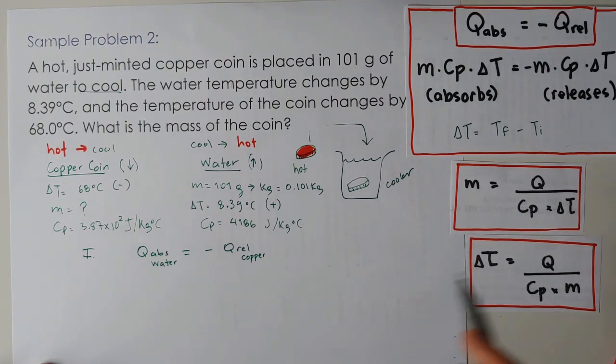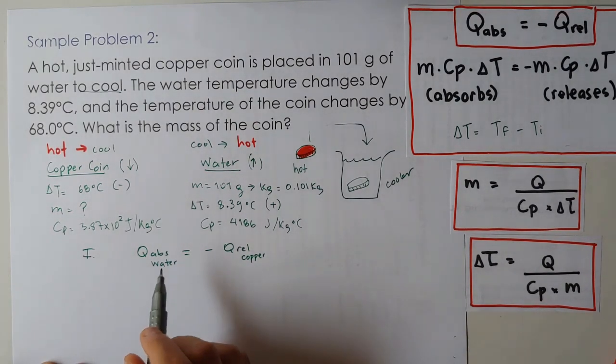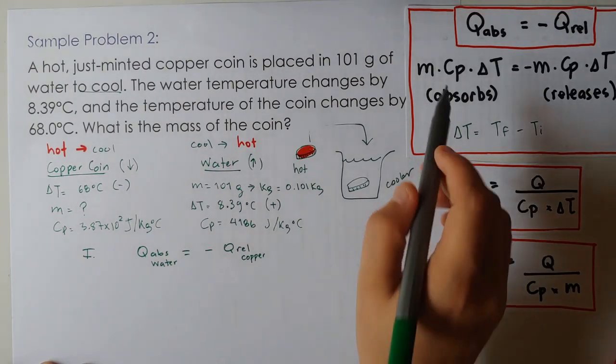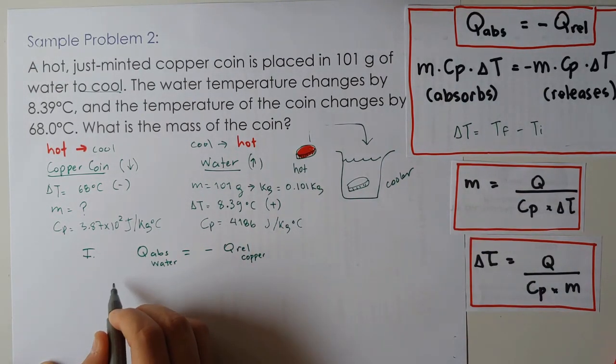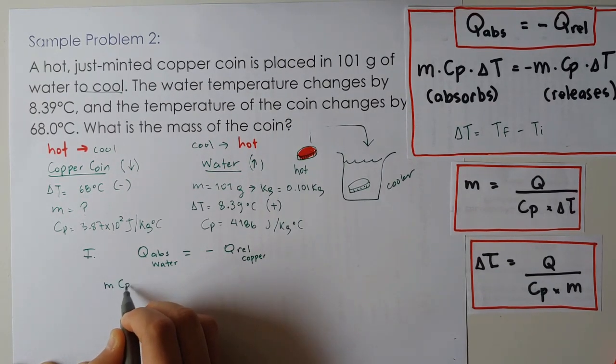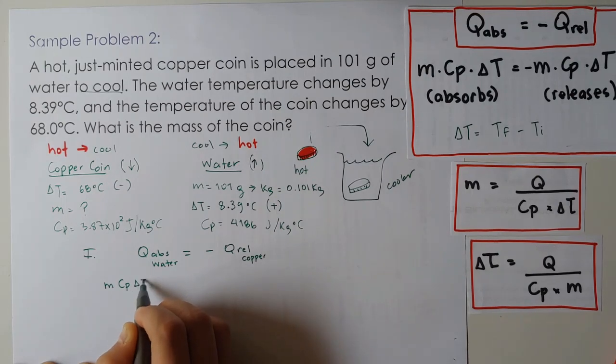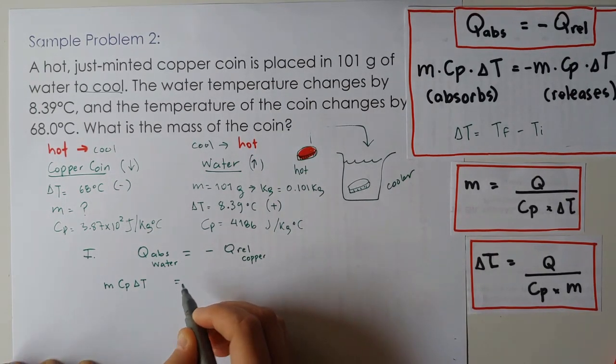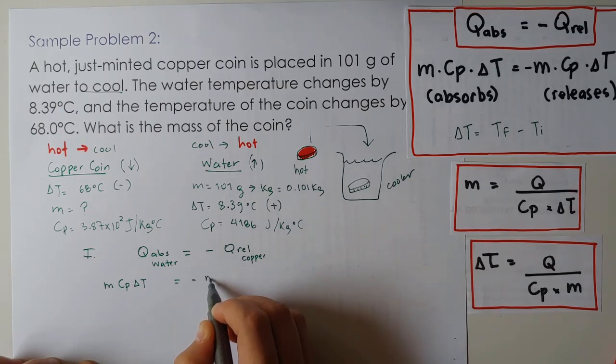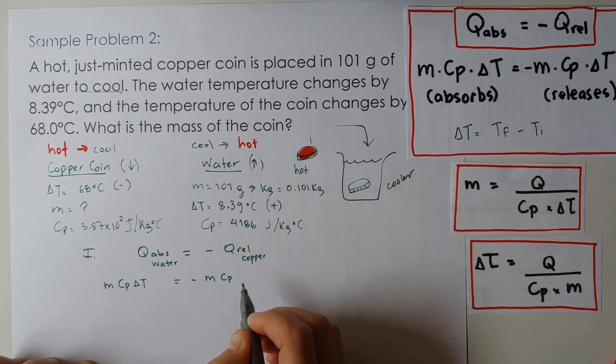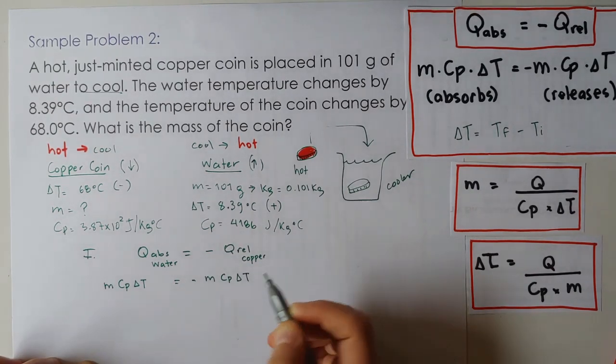I prefer to isolate because I can include all the givens in one single procedure. So Q of water, mass times specific heat capacity times delta T, equals negative mass times specific heat capacity of copper times delta T.